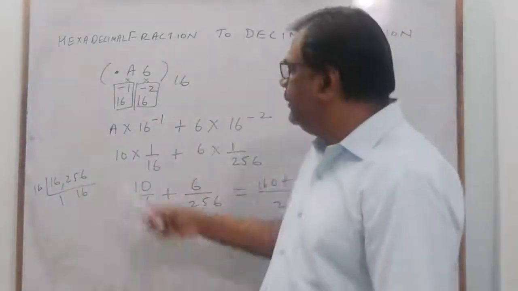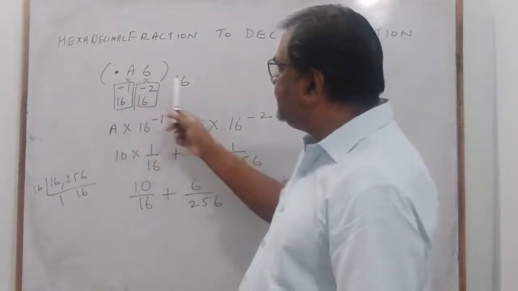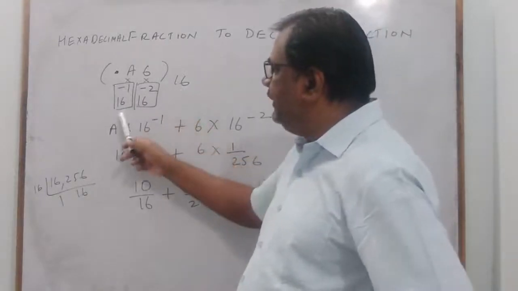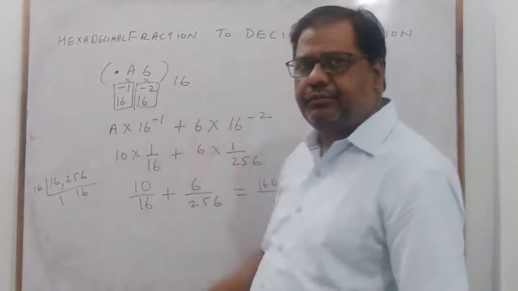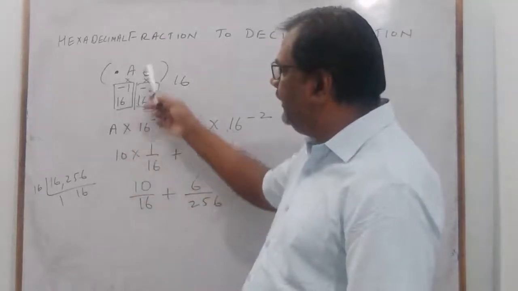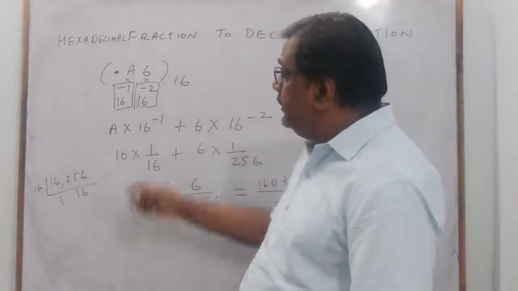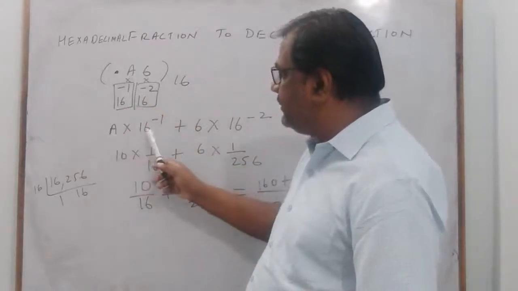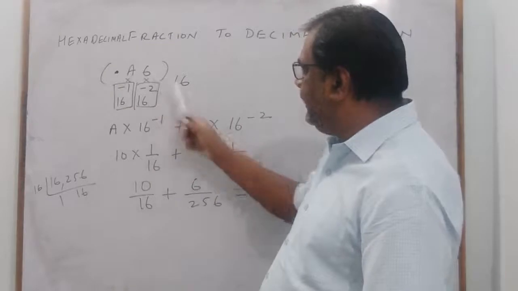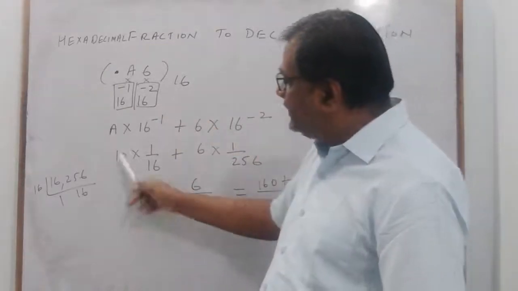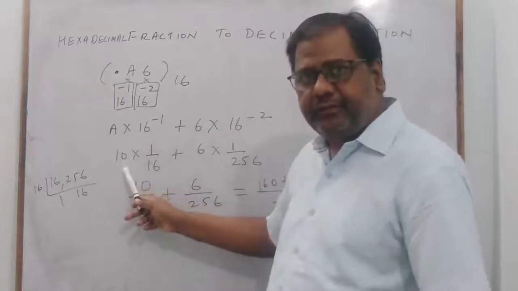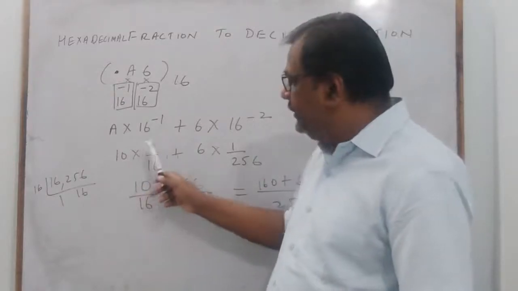Simple. Since you are working in the base of 16, you will take 16 to the power -1, then 16 to the power -2, and you will multiply these. That means you will multiply A with 16 to the power -1, and 6 with 16 to the power -2. A is considered to be 10 in hexadecimal, as we have already discussed.